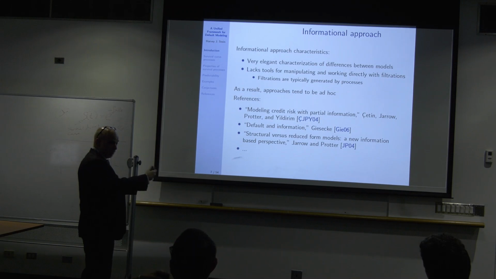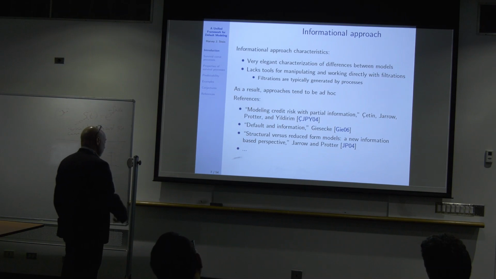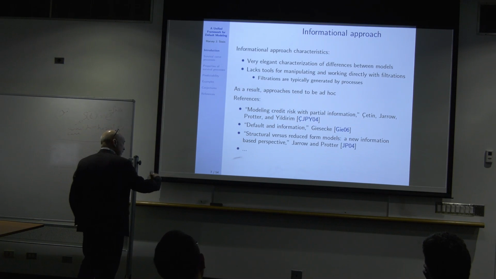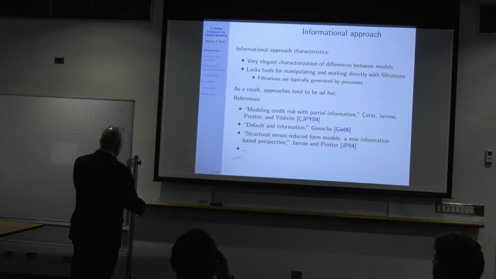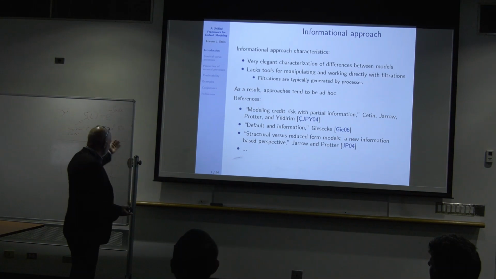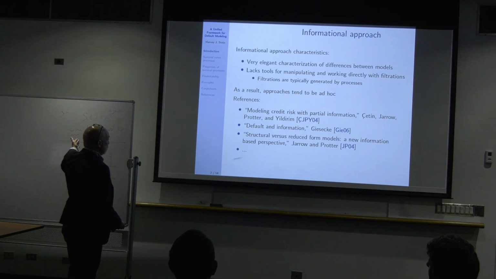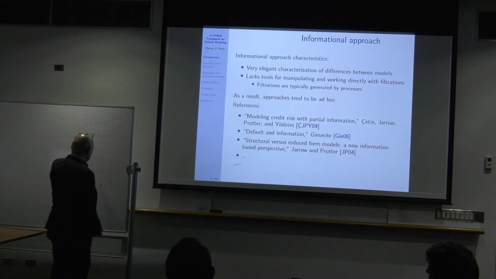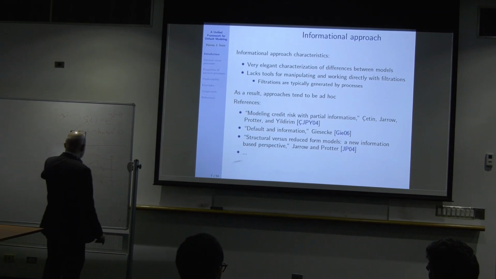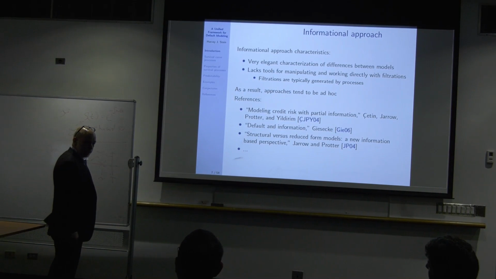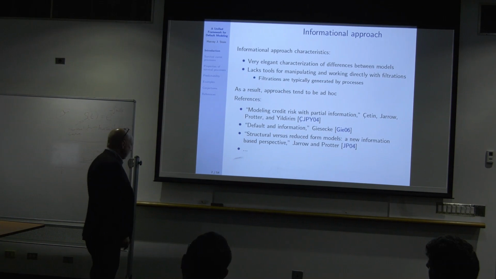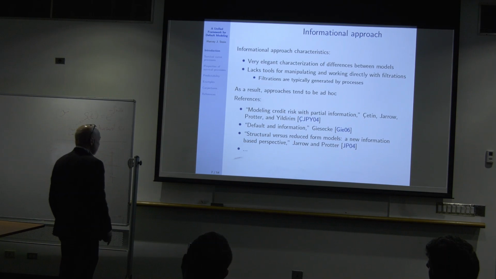You can't easily just modify filtrations. So while it tries to unify everything, the models don't end up being on a uniform framework because we don't have the tools for it. All the approaches tend to be ad hoc, like taking a continuous model where the default is predictable and injecting a lack of predictability by throwing away some of the information.